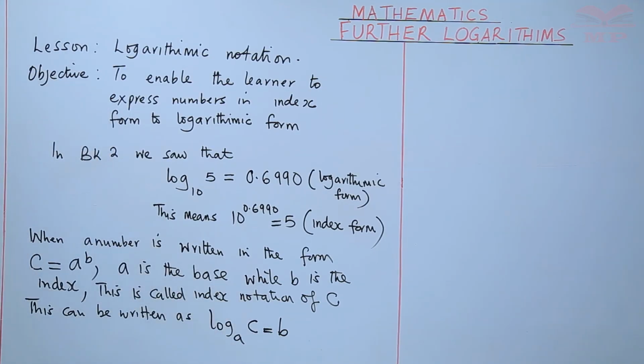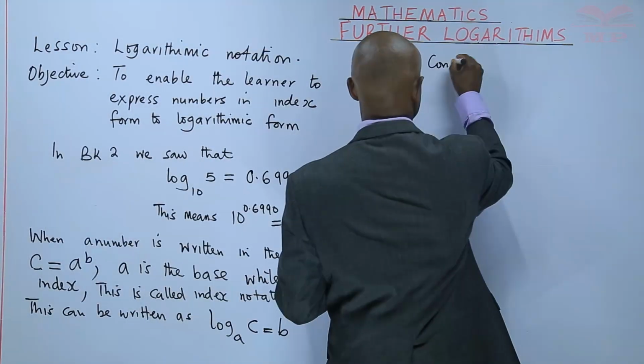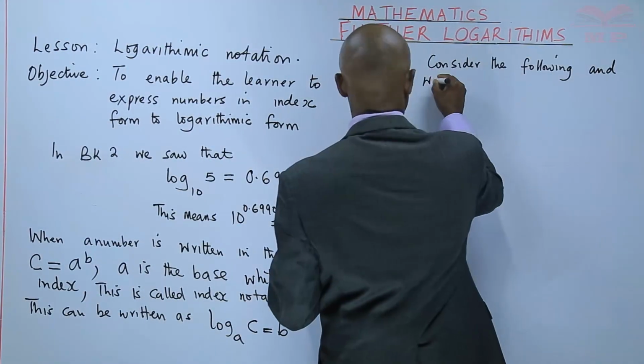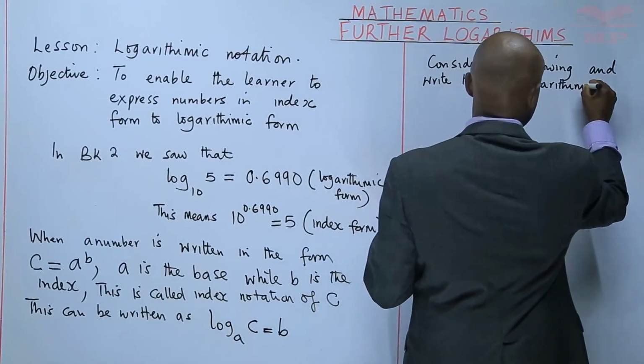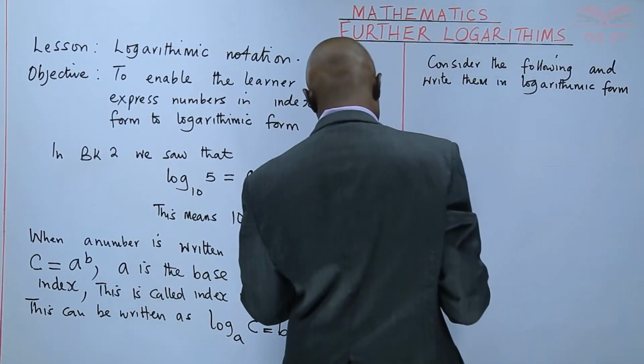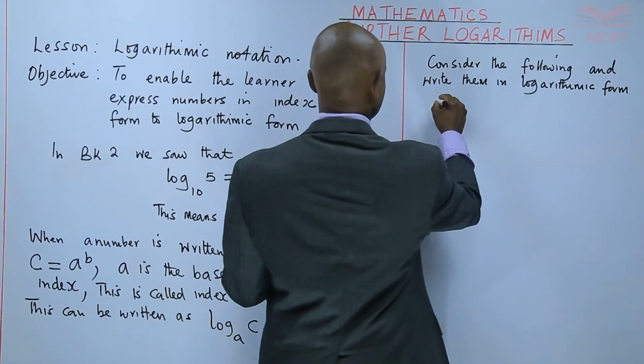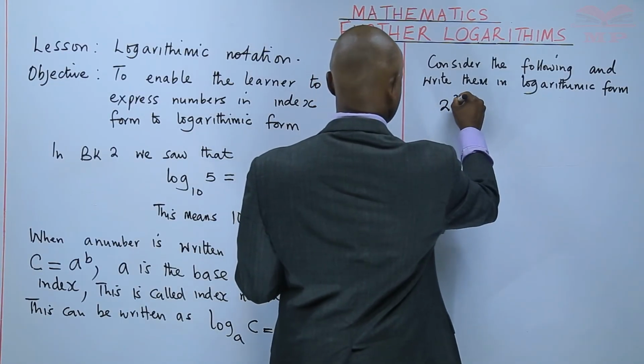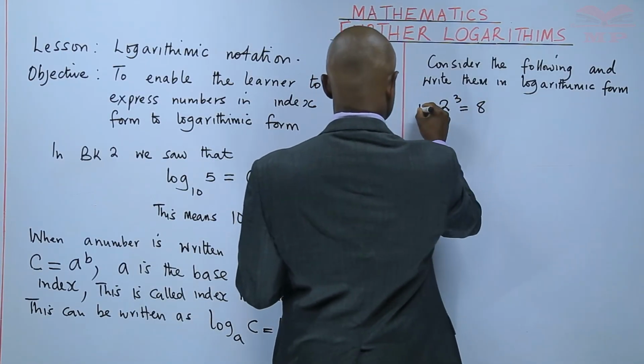So we shall look at examples. Consider the following, written in index form. It is 2 raised to 3 is equal to 8.